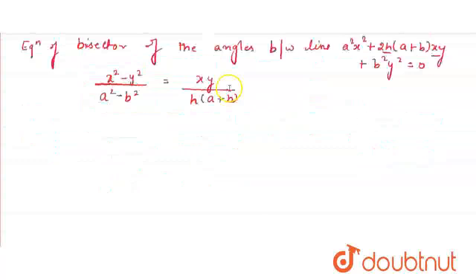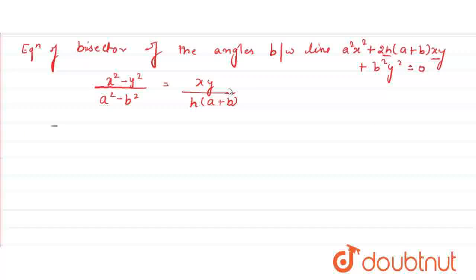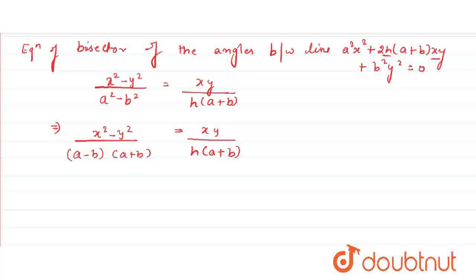If you write this equation again, x² − y² over (a−b)(a+b) = xy over h(a+b), and now you can cancel (a+b), and name it as the fourth equation.